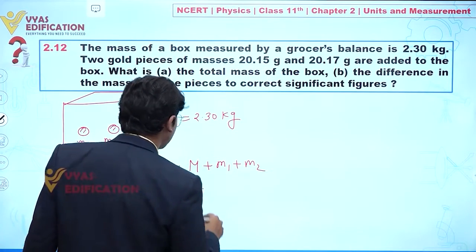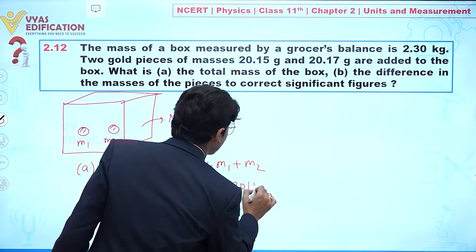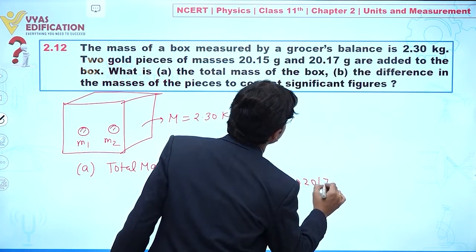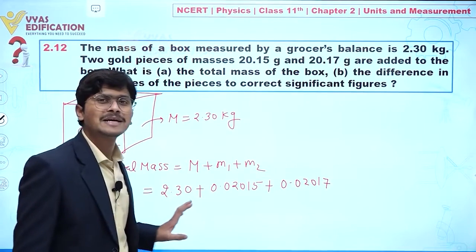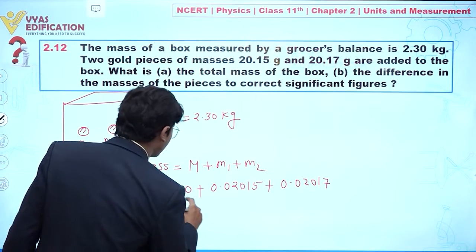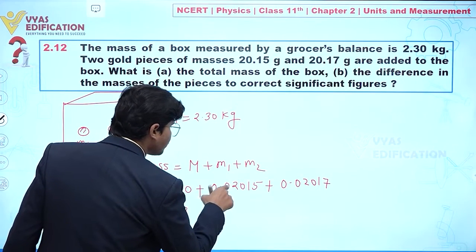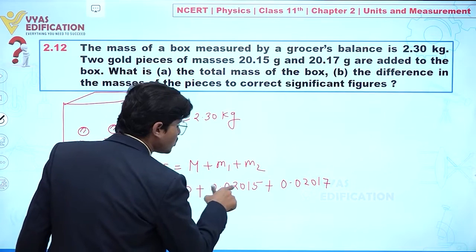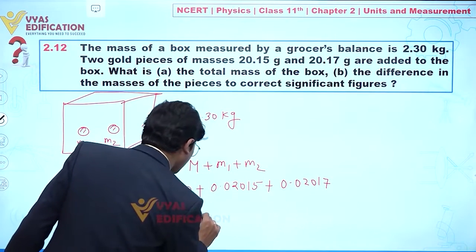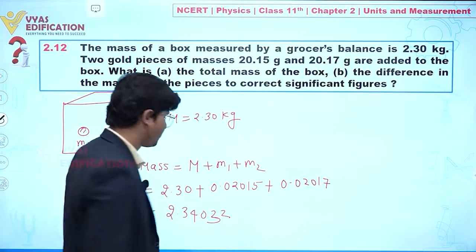So we can write this as 0.02015, plus 0.02017, and we convert all the masses into kilogram. Now we will add. If you add it, we can see 2.3, then 0 0, so this is 3 only, 2 to 4, then 0 0, then 2, and 7 and 5 is 12, so this is 12 and this is 3.